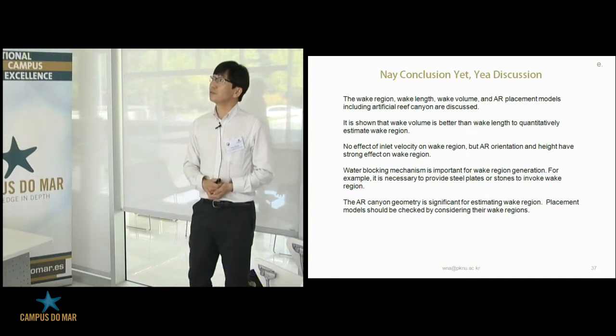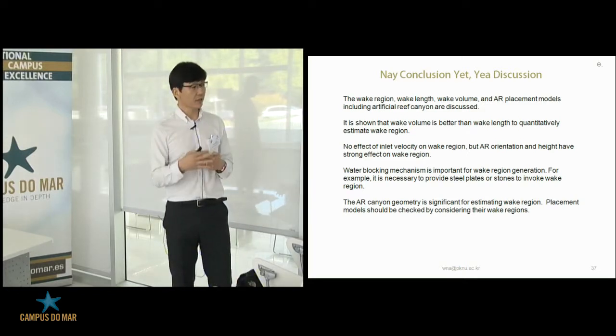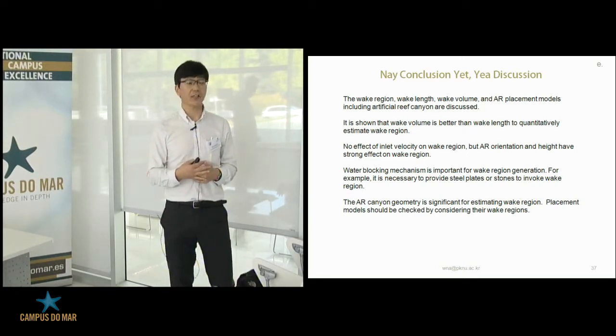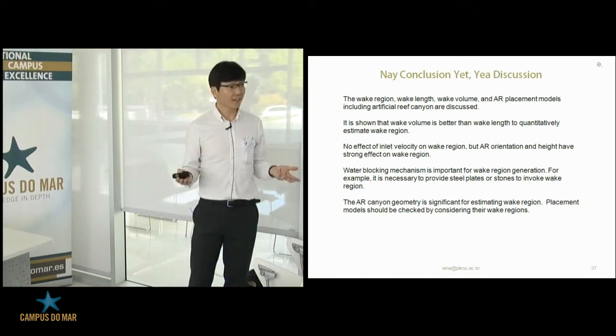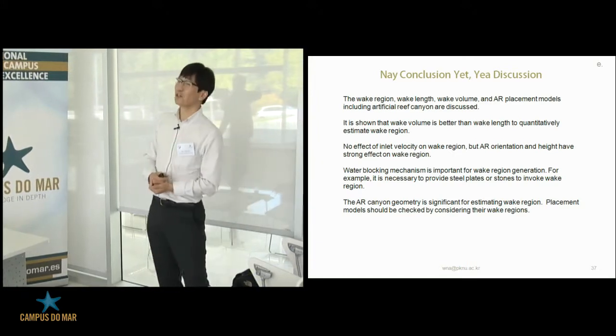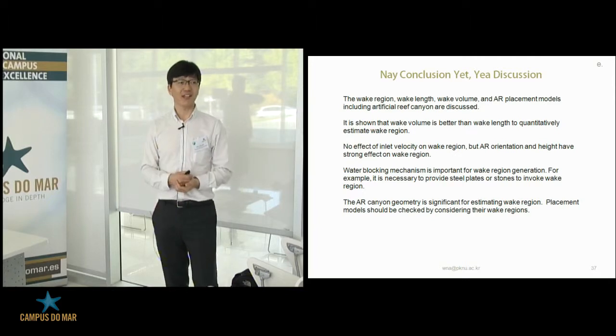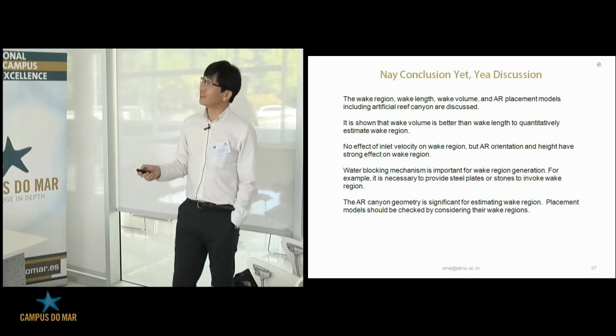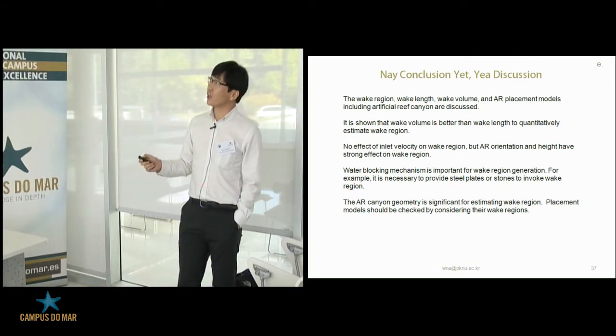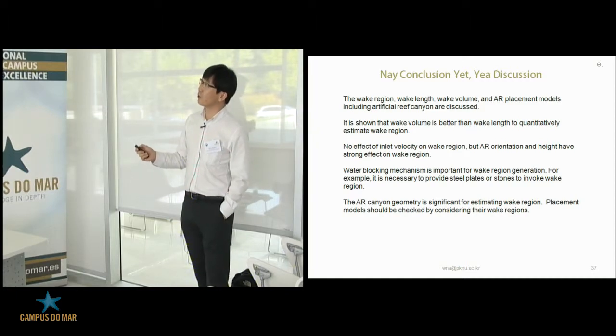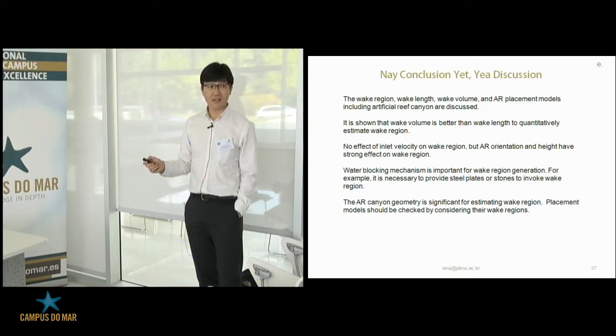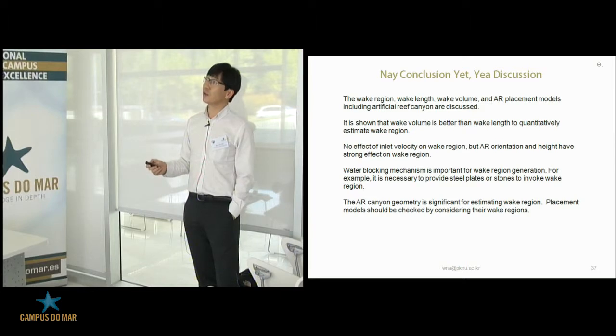Because I did this research for the last 2 years, I think there is no conclusion yet. But I will discuss something. Here the wake region, wake length, wake volume, and AR placement models are discussed. Wake volume is better than wake length to quantitatively estimate the wake region, of course.